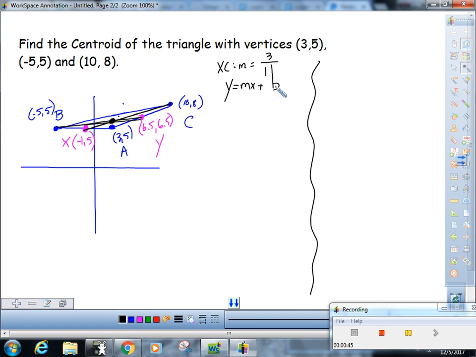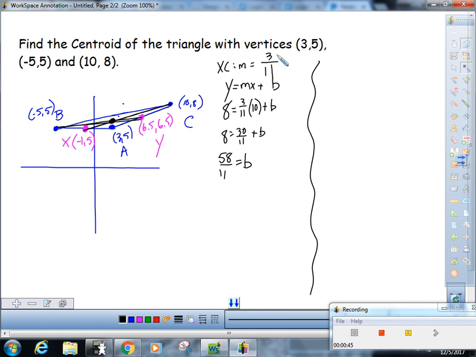One way to do that is just start with y equals mx plus b. Give me a y value. Okay, we went with 8, but that would have been a fine one. Okay, what's our m? What's our x when y is 8? So we do have to use 10 plus b, so you get 8 equals 30 elevenths plus b. 8 is 88 elevenths. 88 elevenths minus 30 elevenths is 58 elevenths equals b.